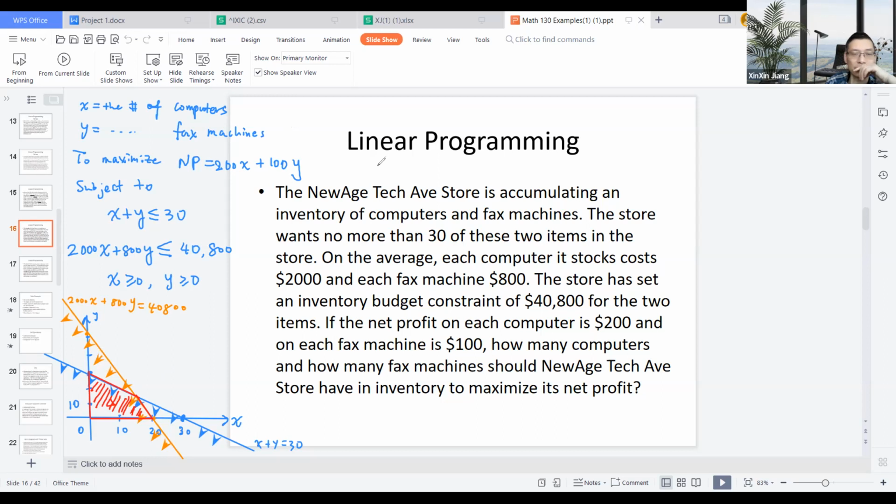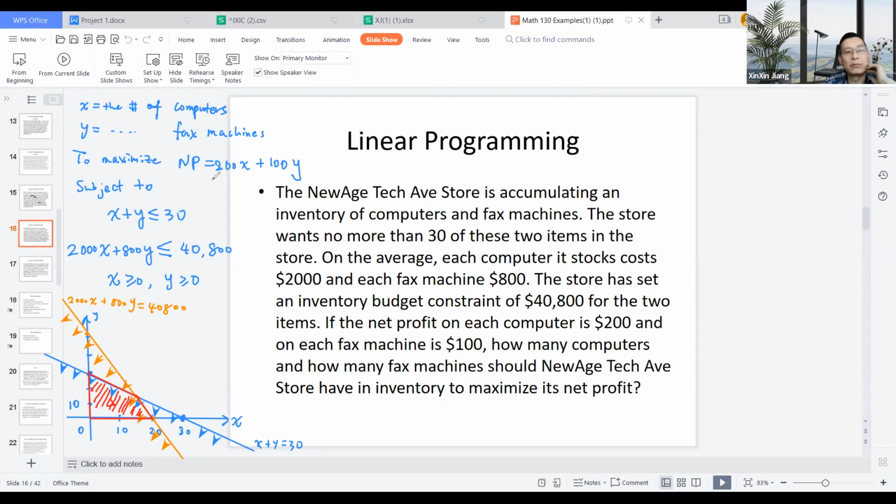Okay, so here comes the theory of linear programming. There is a project which I want you to explore: read a textbook and explore how the theory works. So the theory goes like this.